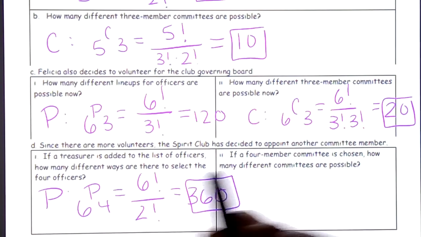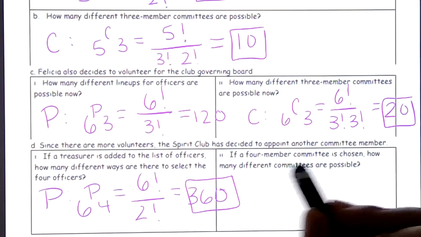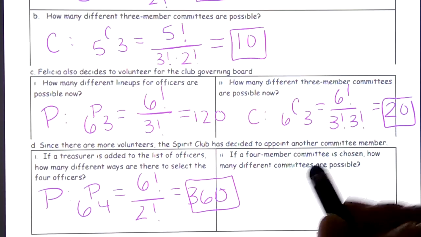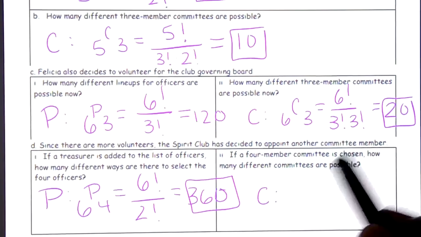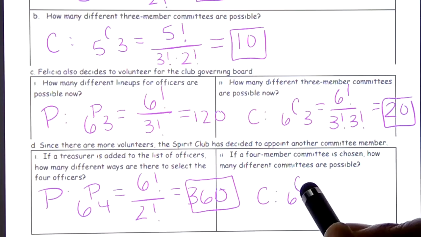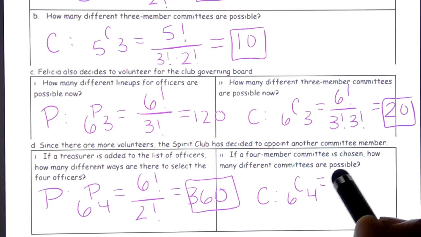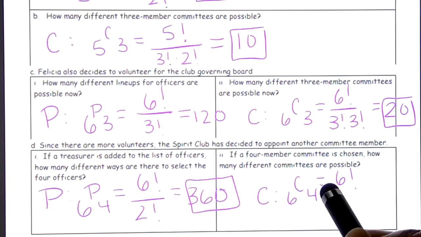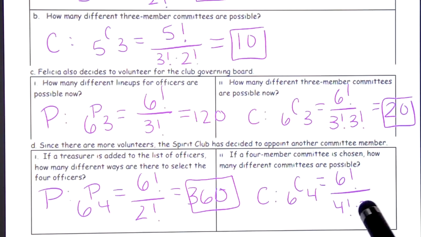So now the same idea, this time it's just a committee of 4. So that is going to be a combination. So we're going to do 6 choose 4. And 6 choose 4 is 6 factorial over 4 factorial times 2 factorial. These two need to add up to the top, which is 6.